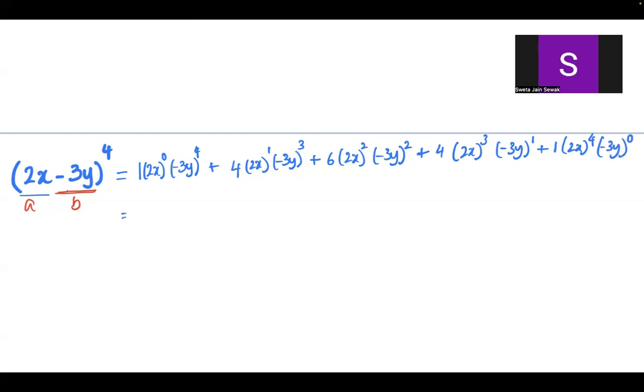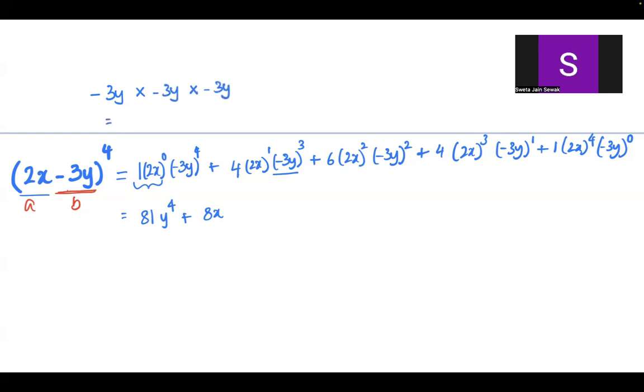So my first term, 2x to the power 0 is 1. So all of this is 1. And I have minus 3y to the power 4, which is 81y to the power 4. Plus 4 times 2x is 8x. And negative 3y cube is essentially negative 3y multiplied with negative 3y multiplied with negative 3y.